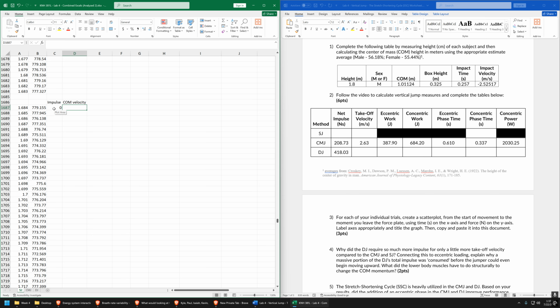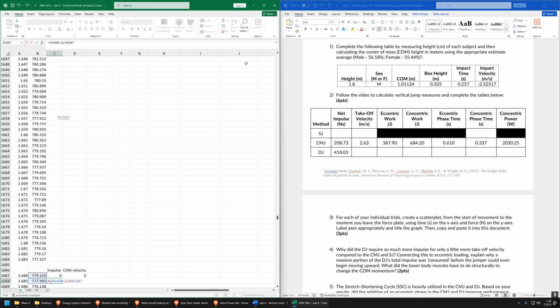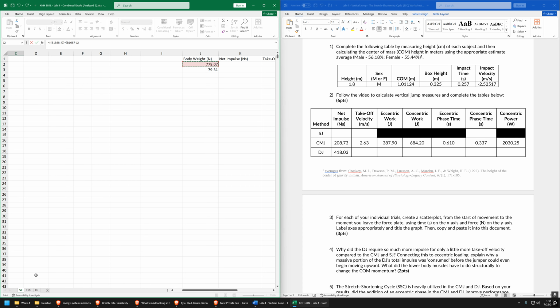Impulse and center of mass velocity start at 0. Okay, equals this minus, I'm going to go up to make sure it's weight, not mass. Close parenthesis plus the previous minus body weight again, close parenthesis, divide by 2.